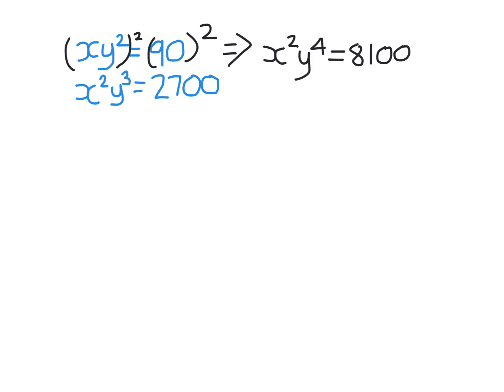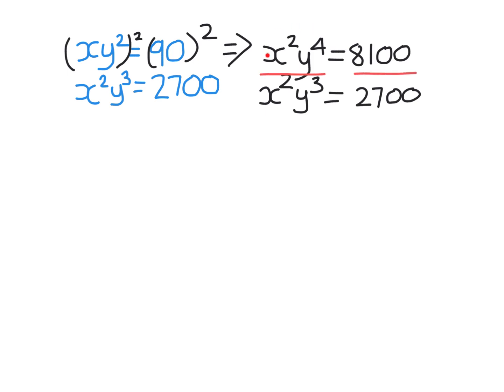I can eliminate x, but I can't eliminate it in the usual way. We're used to adding or subtracting the 2 equations in order to get rid of x. What I can do here is take this top equation and divide by the bottom equation. So I've just rewritten this equation exactly as you see it there because I'm going to divide.